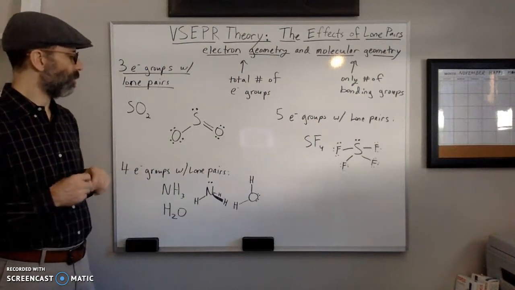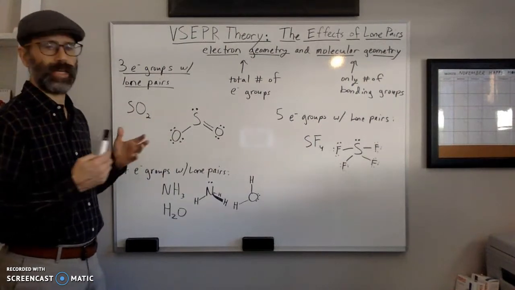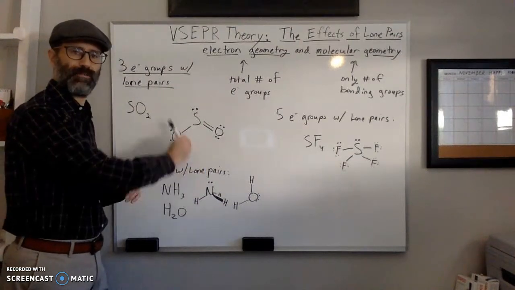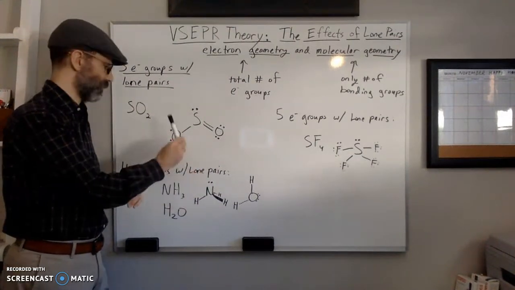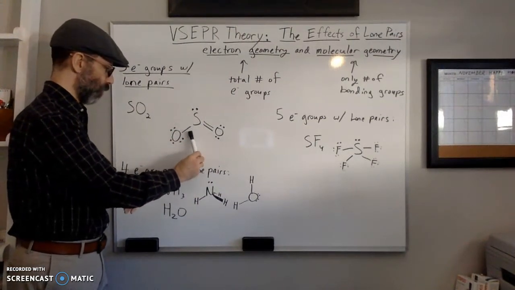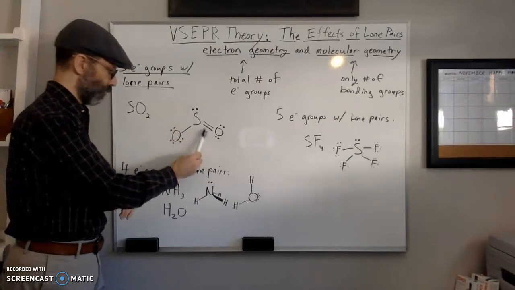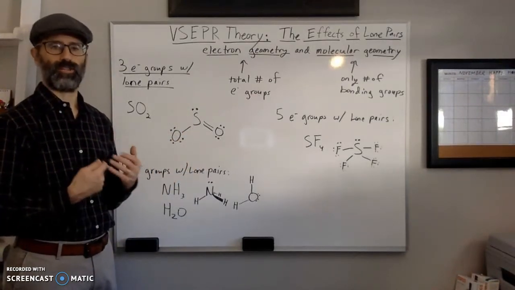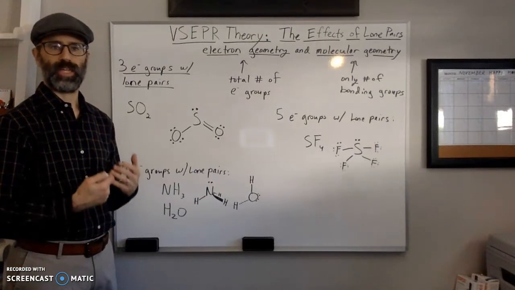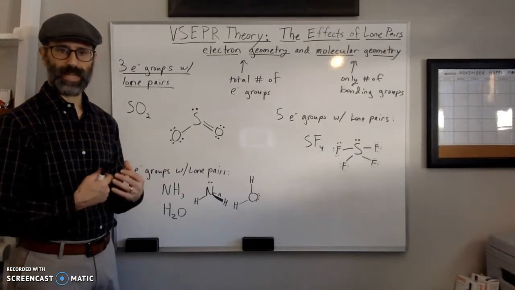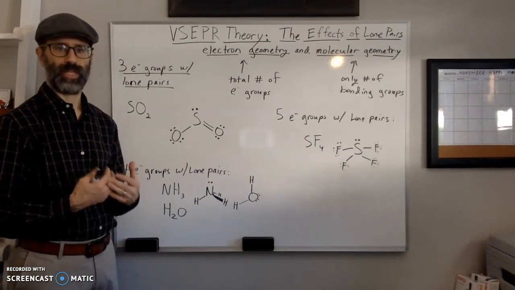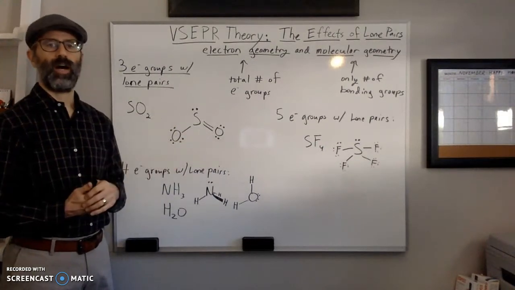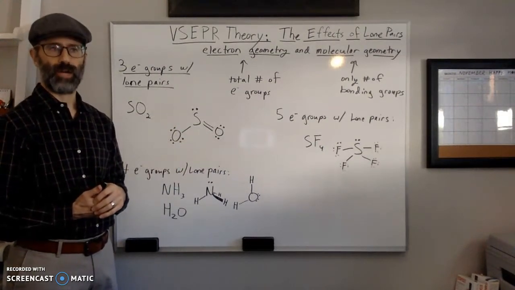Now, if we're looking at the electron geometry, I count every group, including lone pairs. Here I have 1, 2, and 3, so the total number of electron groups is 3. Therefore, the electron geometry is going to be trigonal planar. That's what the electron geometry is, according to the total number of electron groups.